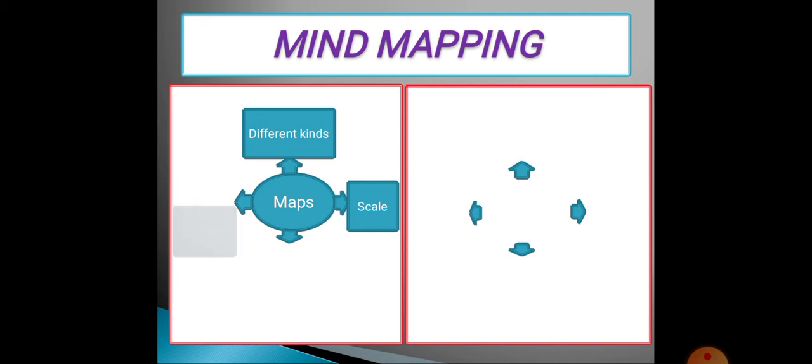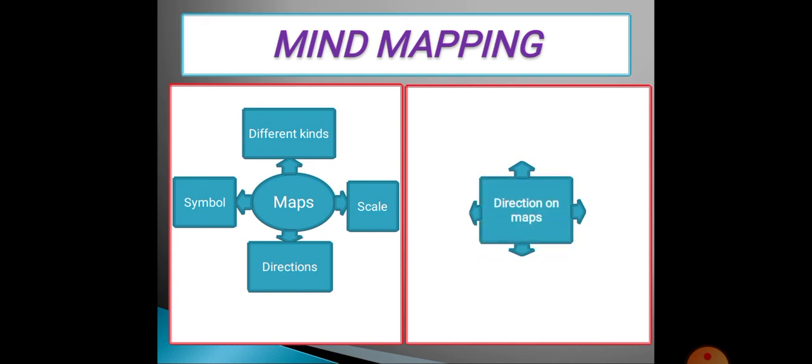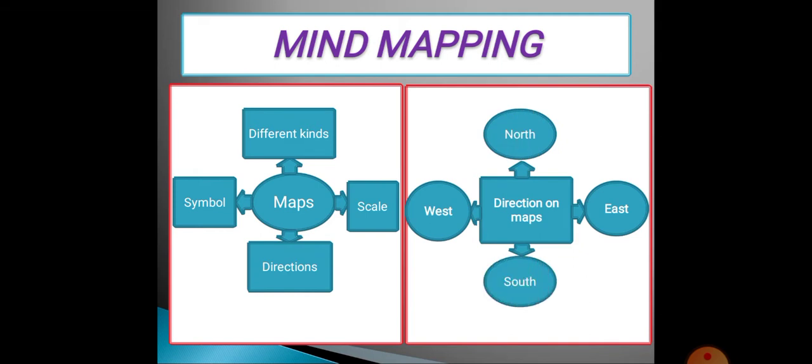And then you have symbols, yes, directions. So what do you understand by directions? On maps, what do they show? Yes, they show us east, west, north, and south. If I want to travel from Hyderabad to Bhubaneswar, I will travel from south to east. If I want to travel from Hyderabad to Mumbai, I'll be traveling from south to west because Mumbai is in the west.